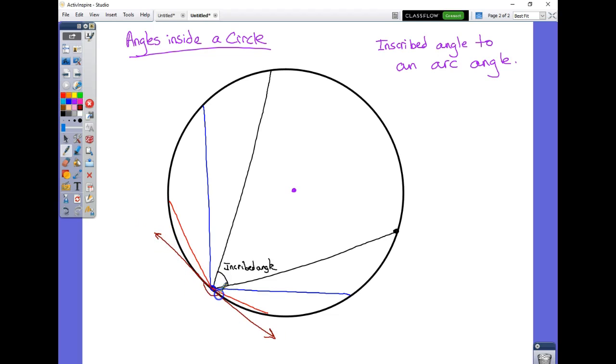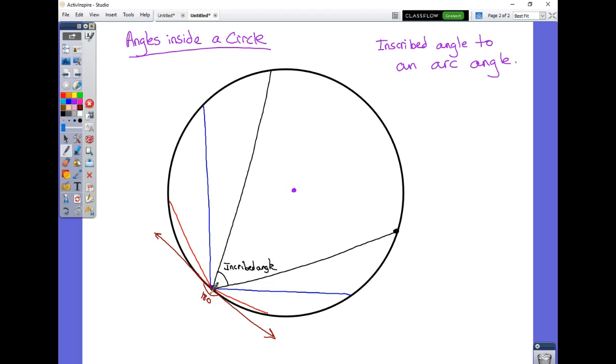And hopefully you know that a line is a 180-degree angle. Well, if that's a 180-degree angle, and that's covering the entire circle, this arc would start from this point and would come all the way around my circle to give me a 360.